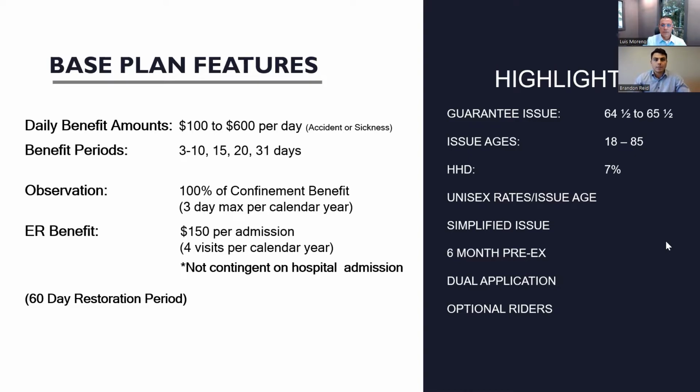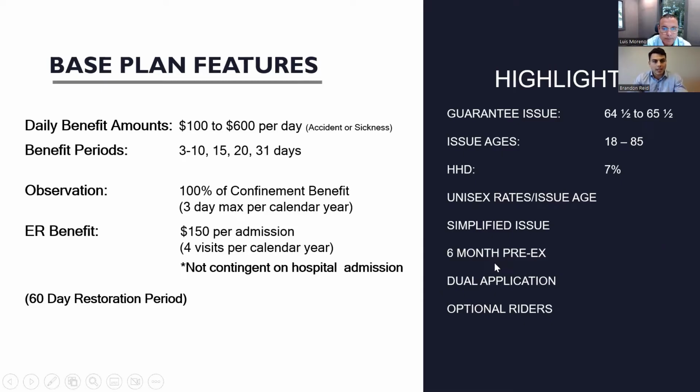If they have a $500 copay per day, we can protect them at $500 a day in the hospital. If they have a deductible for some reason in the hospital, maybe it's an under 65 plan, we can help that individual with a $600 a day benefit for anywhere from 3 to 10, 15, 20, or 31 days to help lower some of these exposures.